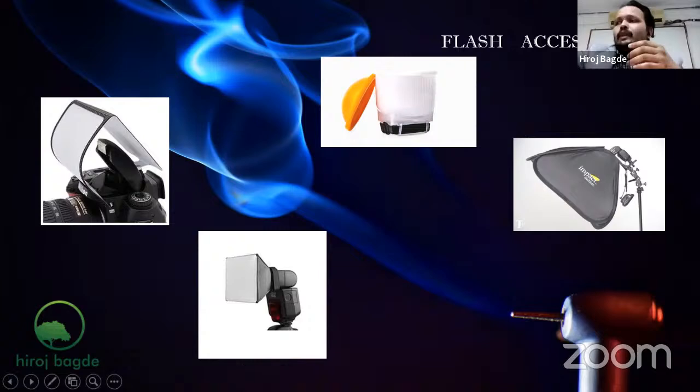You might have visited many studios for your passport size photographs. They will have diffusers on both sides, and they will ask you to sit at a particular place. That will give a two-sided effect of light, which will be very much on the particular person.